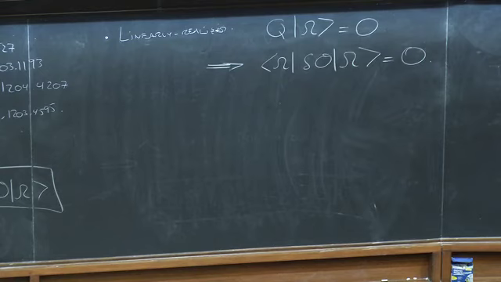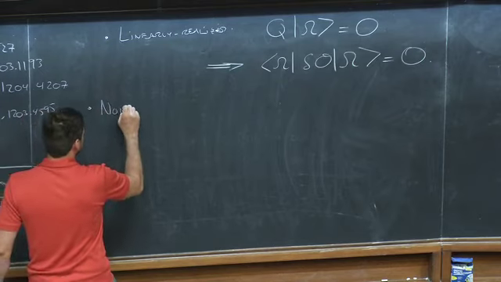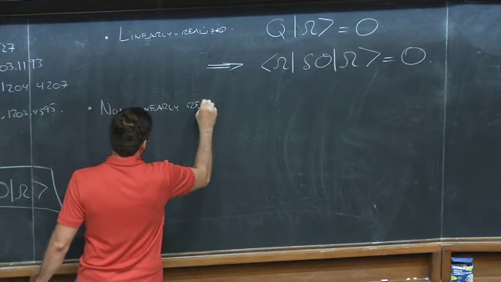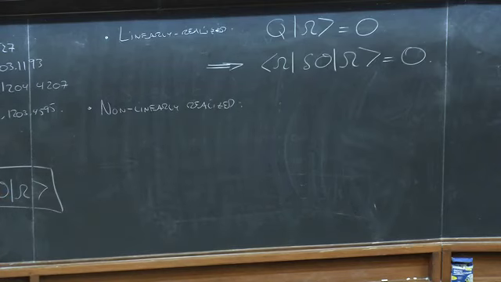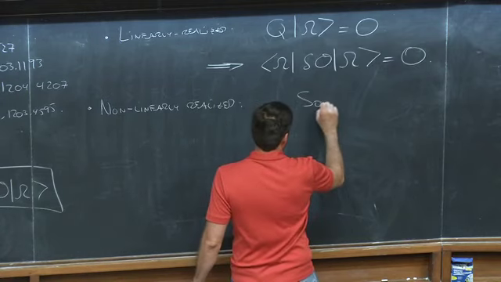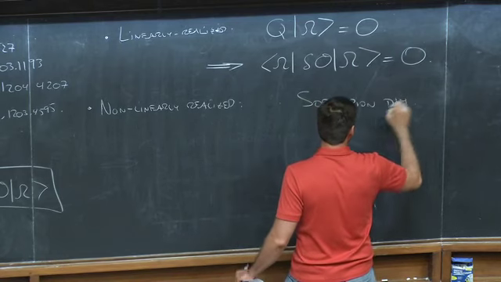If, on the other hand, the symmetry is nonlinearly realized, which is what we're considering today, in fact what you get in that case, as we'll see, is a soft pion theorem, analogous to what you find in QCD.